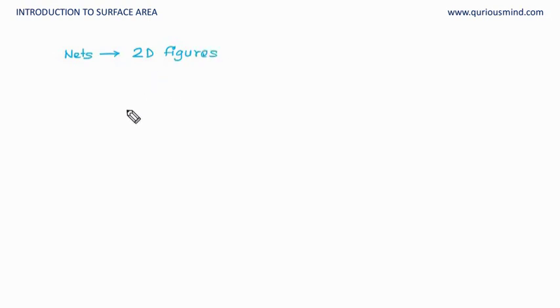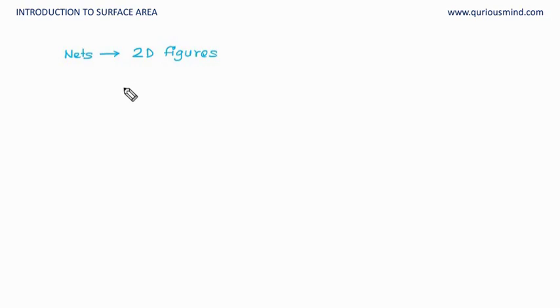So if I am making, let's say, a cube using a paper net drawn on a paper, then the area of the paper I need to make a cube represents the surface area of that solid shape.